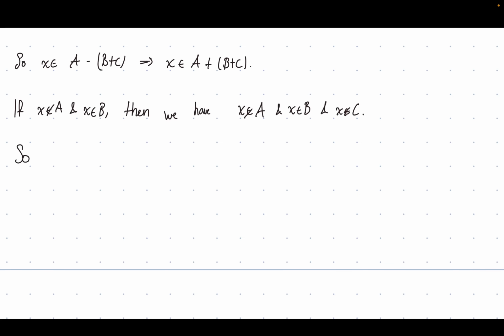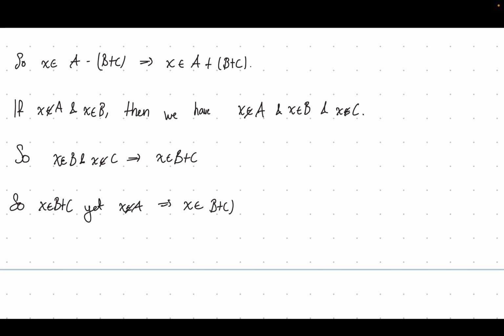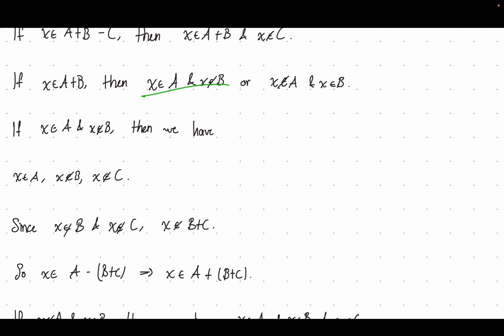So x is in b and x is not in c implies that x is in b plus c. So x is in b plus c, yet x is not in a, which implies that x is in b plus c minus a, which implies that x is in b plus c plus a, which implies that x is in a plus c. Cool.